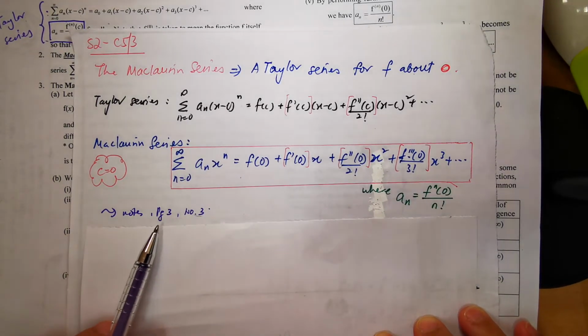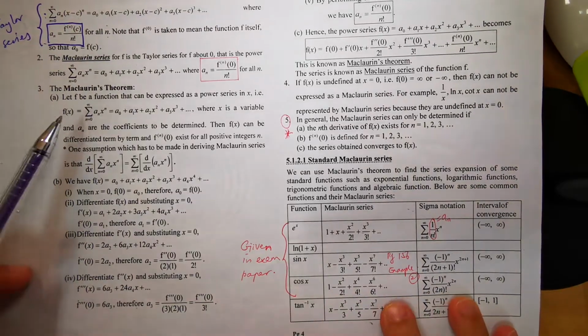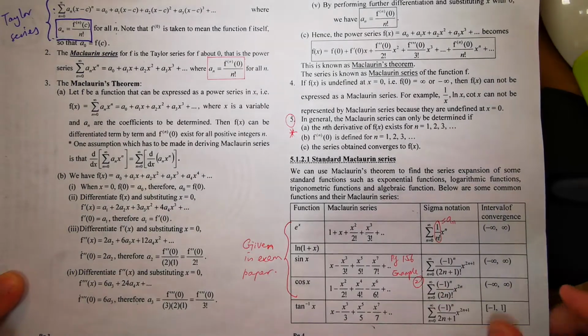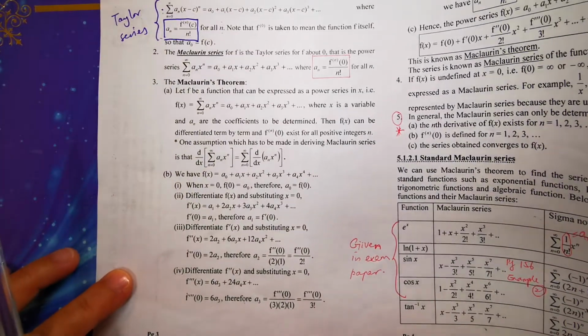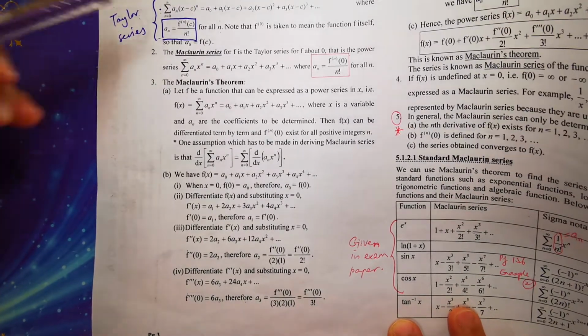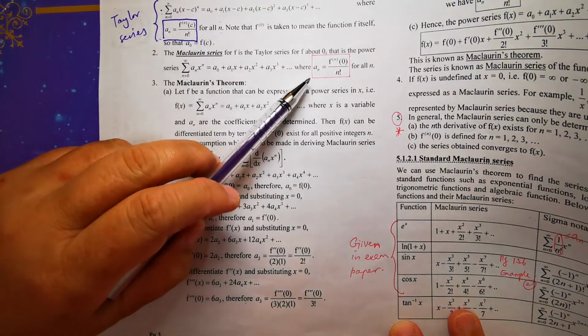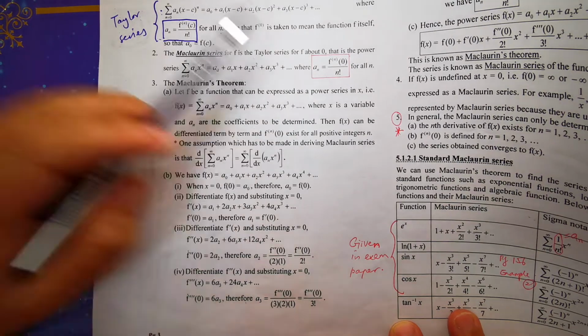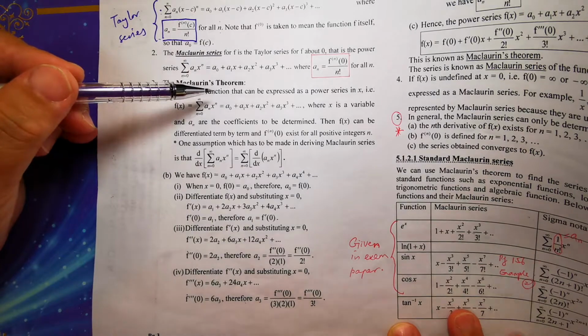So we will go back to your notes, page 3, and we continue number 3. After we have explained how to get this Maclaurin series, here are some important things about Maclaurin series that you must know. Now we have to see what is Maclaurin's theorem.